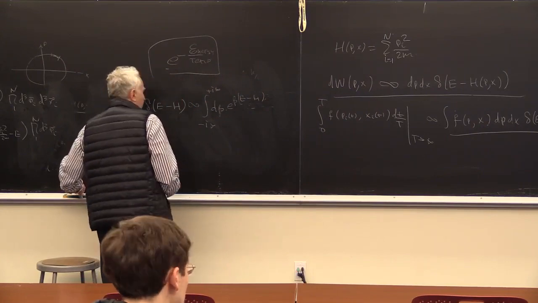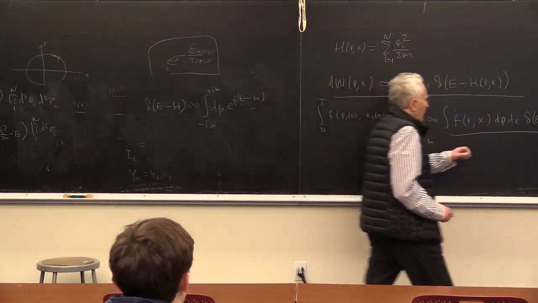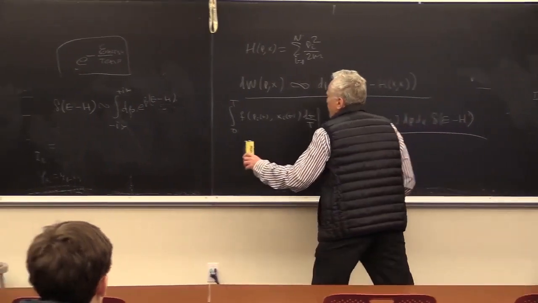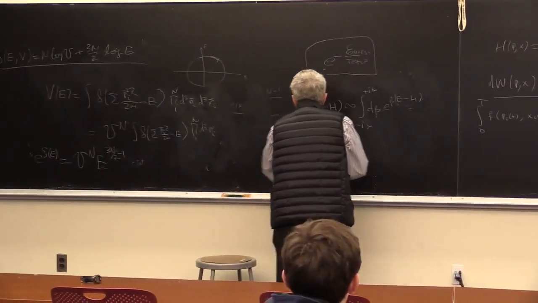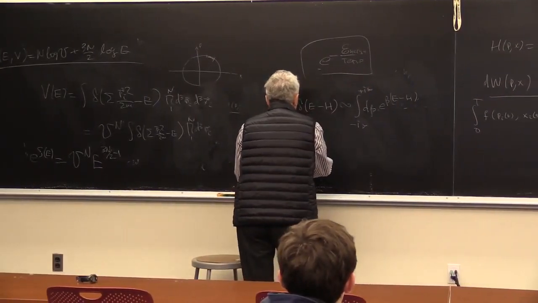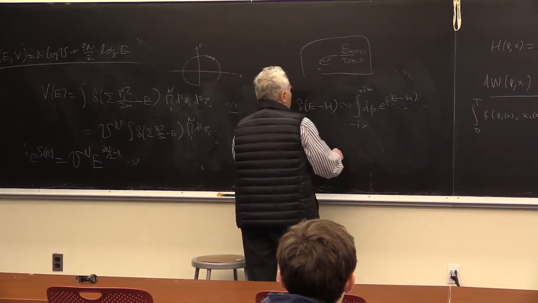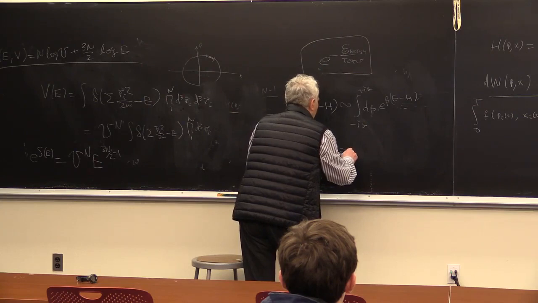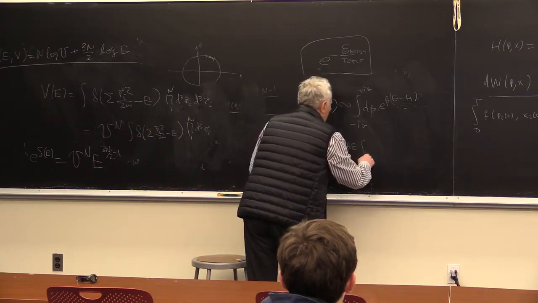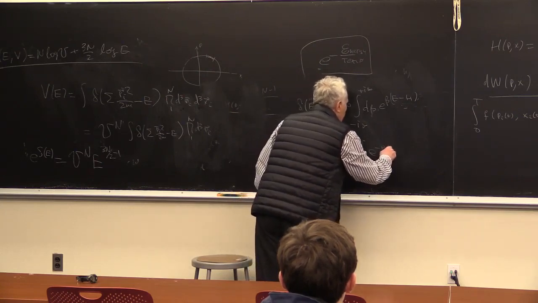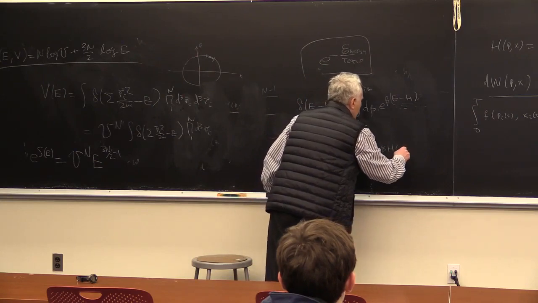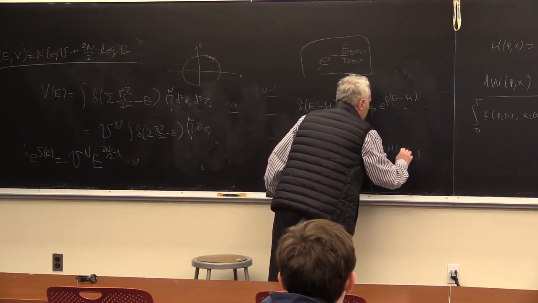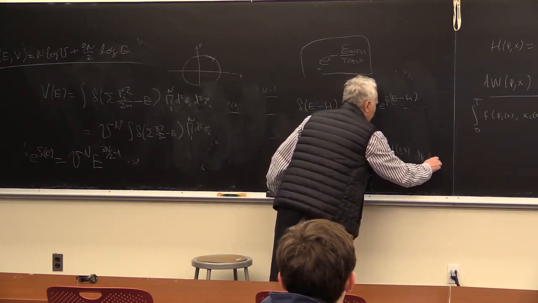Anyway, you see that what's happening here is that e to the entropy is equal to the integral over d beta of e to the minus beta H of p and q, dp dx.